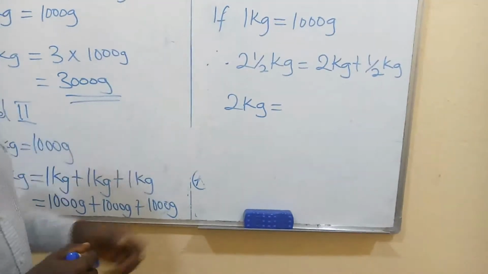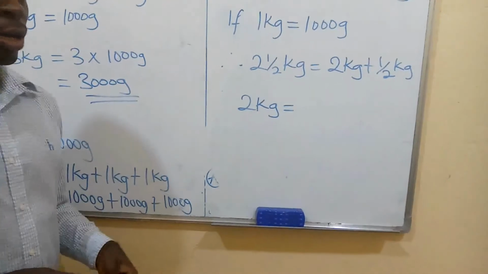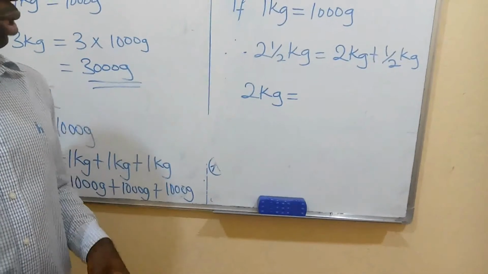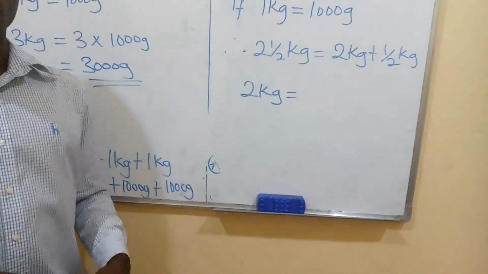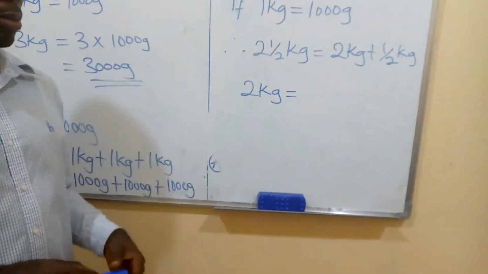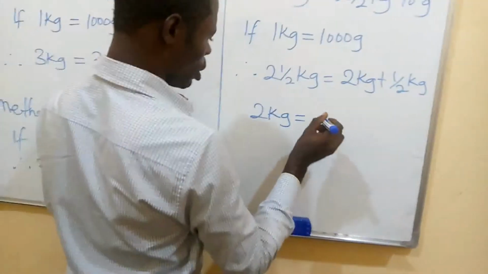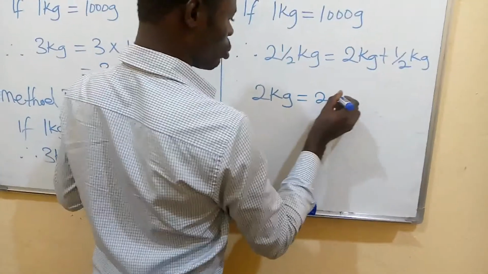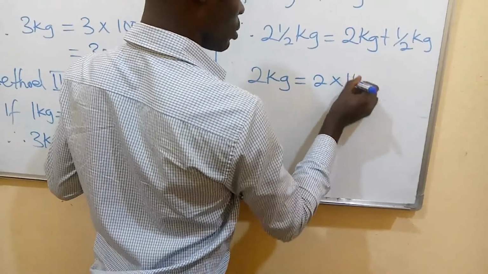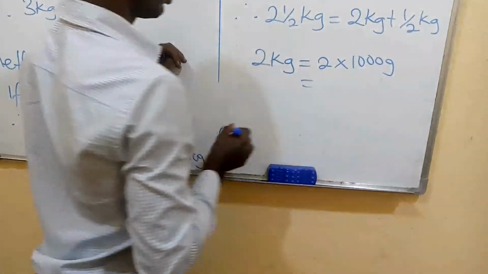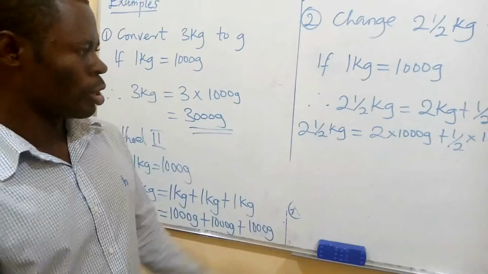First of all, remember I told you that when converting from kg or kilogram to grams, what do you do? You multiply by 1,000 because you're converting from a greater unit to a lesser unit. So now we're going to multiply 2 by 1,000 grams.